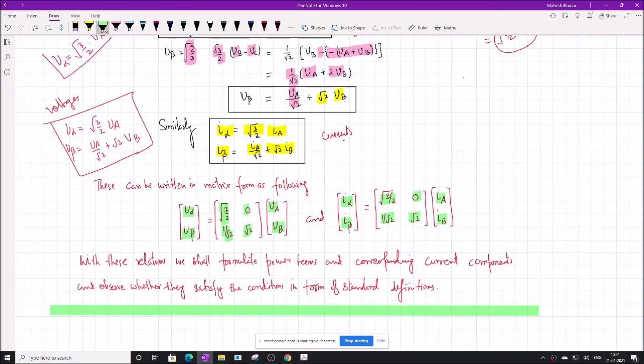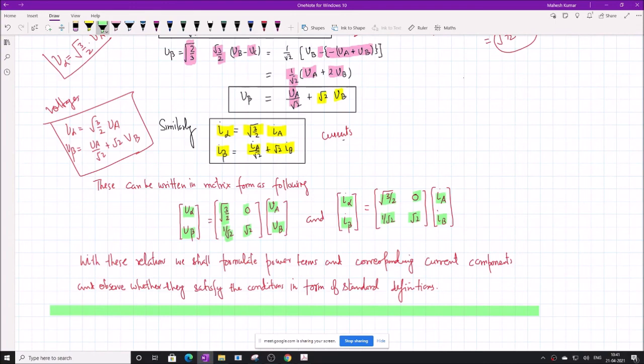And once we know these voltage and currents in alpha beta domain, now we are ready to compute the different powers and different current components using this alpha beta zero transformation or using the instantaneous reactive power theory.